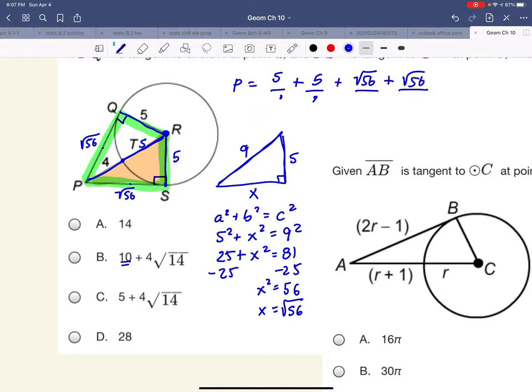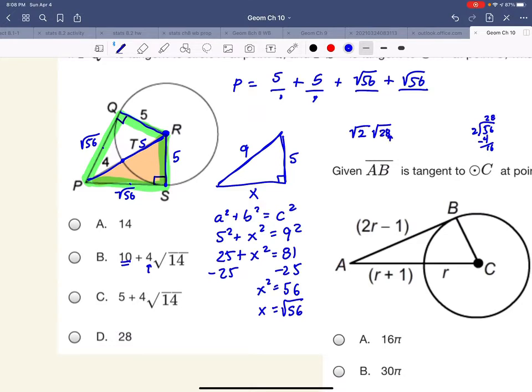But it looks like we may have to do some simplifying. Maybe there is something even inside there. Yep, 56 is even. So let's dive a little deeper here. If I divide 56 by 2, I get 28, and then there's another 2 in there.